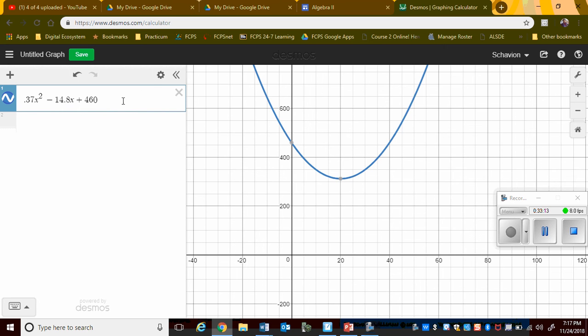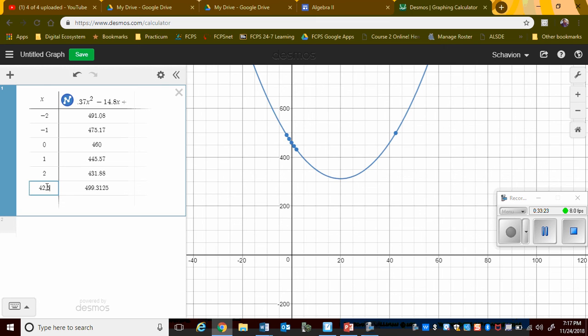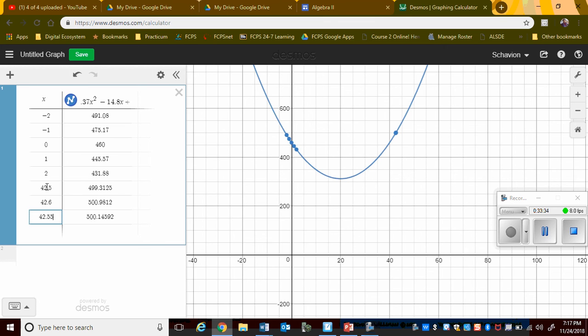So what I'm going to do is look at the table and give me an answer. I want to know what gives me 500. 42.5 gives me 499. 42.6 gives me 500. And 42.55 gives me a number that's closer.